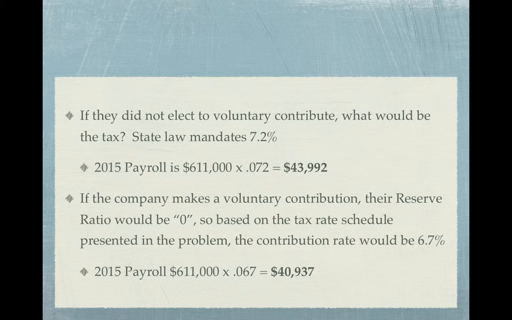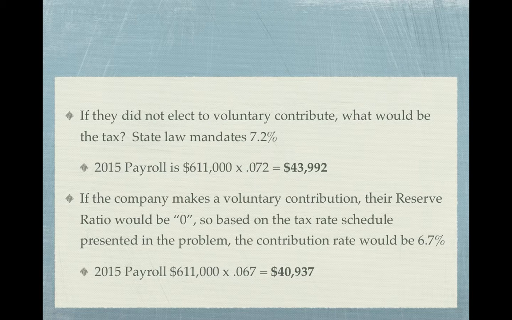So here's what it would kind of look like, and this is part B of the problem. If they didn't elect to voluntarily contribute, they would pay 7.2%, because it says that the unemployment compensation law of the state provides that the tax rate of an employer who has a negative balance on the computation date shall be 7.2% during the following calendar year.